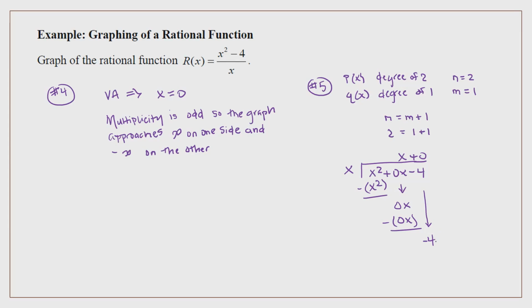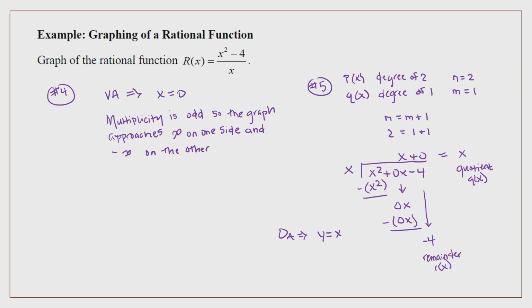So negative 4 is our remainder, R of x. And x plus 0, which just simplifies to x, is our quotient. So the equation for the oblique asymptote is going to be y equals x.